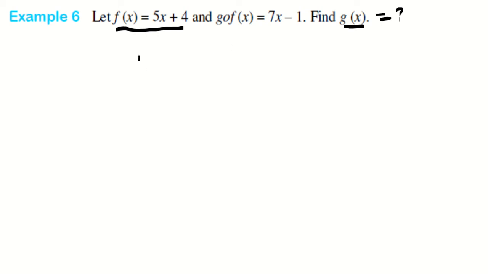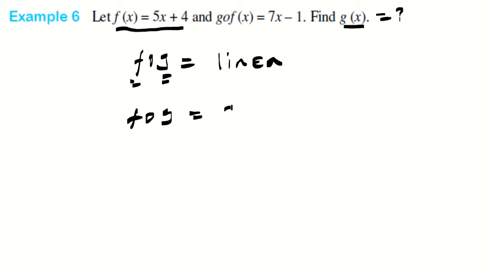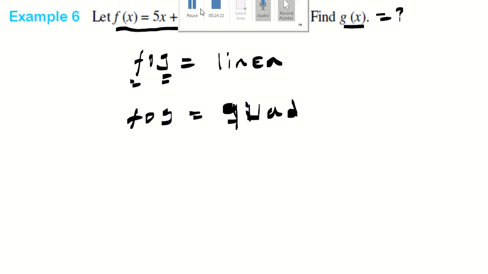Two functions, if composed, like f compose g, if it is linear, necessarily both must be linear. If f compose g is giving you quadratic, either of the two has to be quadratic.